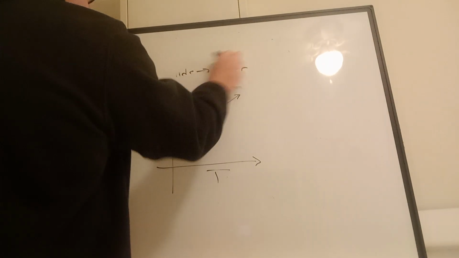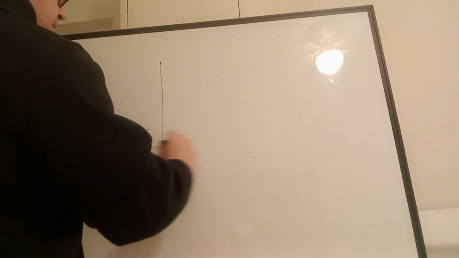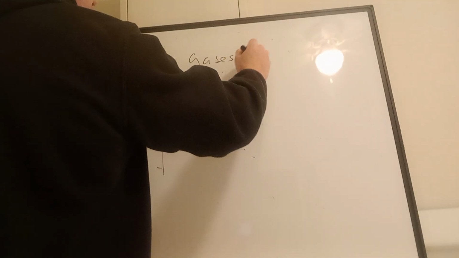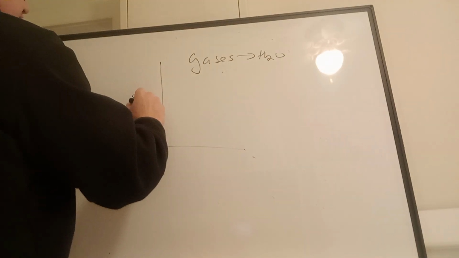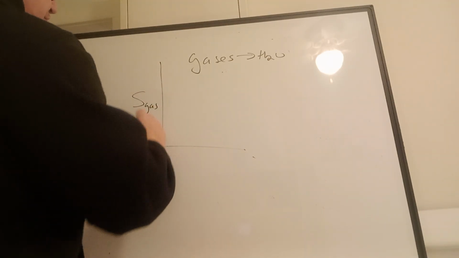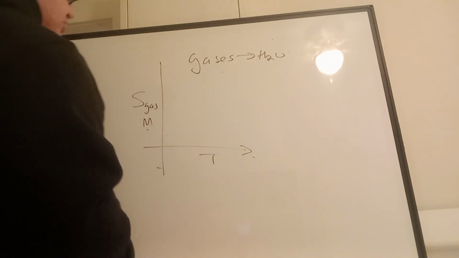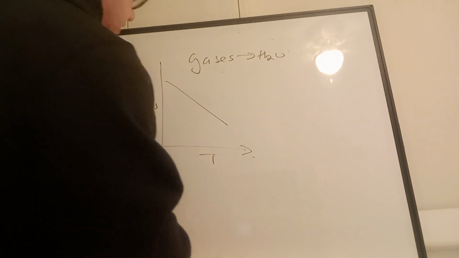Now, with gases, it's the opposite. With gases going into solution, what you'll see is that the solubility of the gas, and again, this could be in units of molarity, and we'll have temperature here, increasing as you move to the right. With gases, almost exclusively, it decreases.